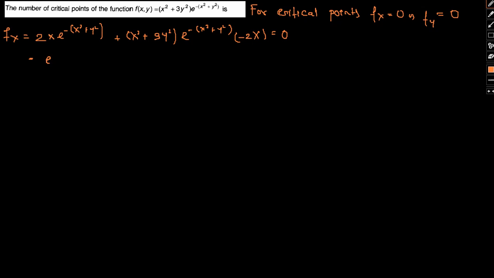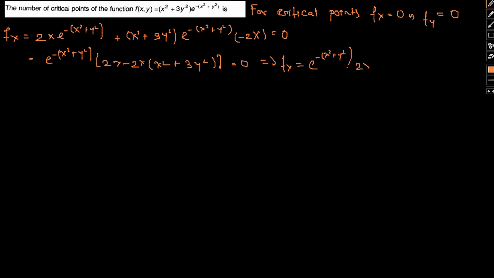Solving this, we have e to the power minus (x squared plus y squared) into 2x minus 2x (x squared plus 3y squared) equal to 0, which would again give fx equal to e to the power minus (x squared plus y squared) into 2x (1 minus x squared minus 3y squared) equal to 0. Okay, so let this one be 1.